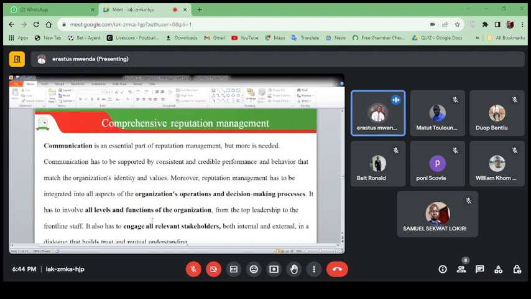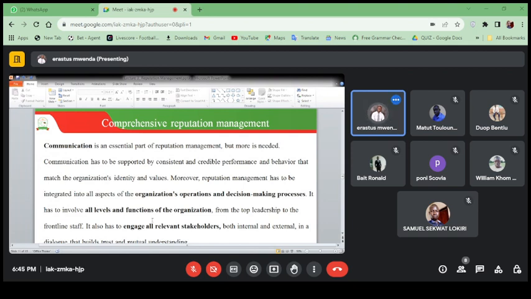Also, to get comprehensive reputation management, we need to involve all the relevant stakeholders, both internal and external. By doing this, it's also a way of building trust and mutual understanding.